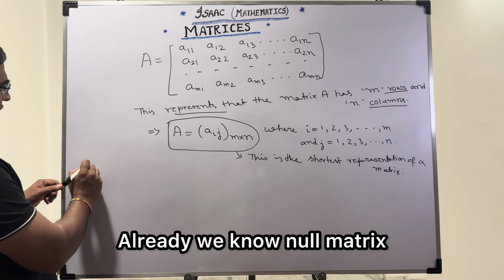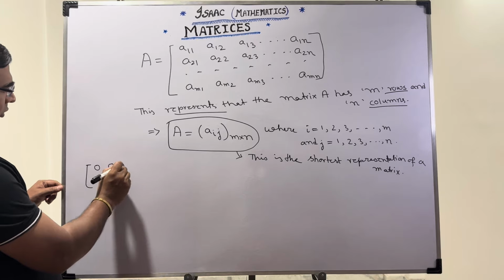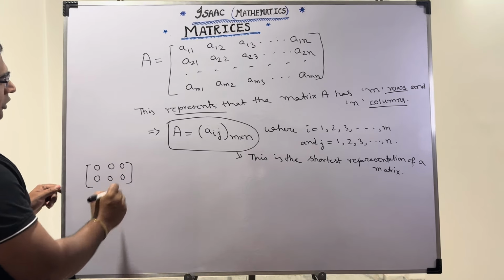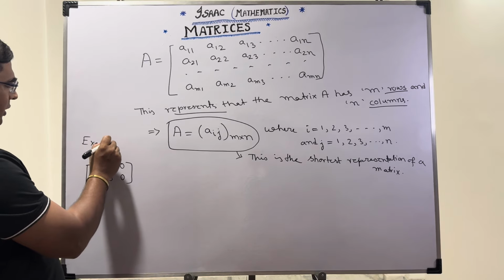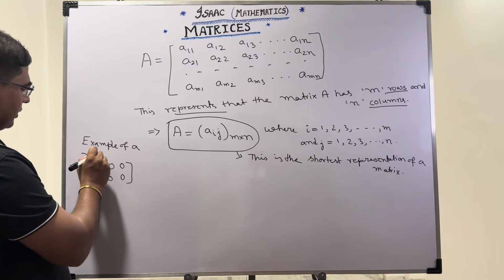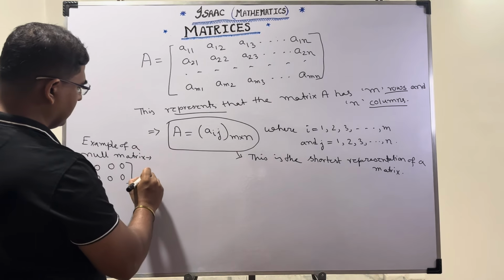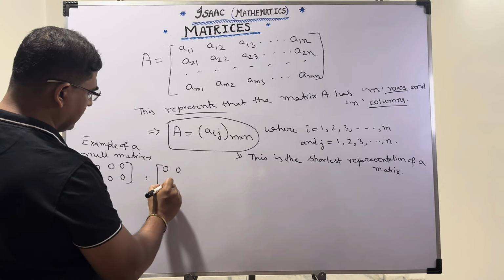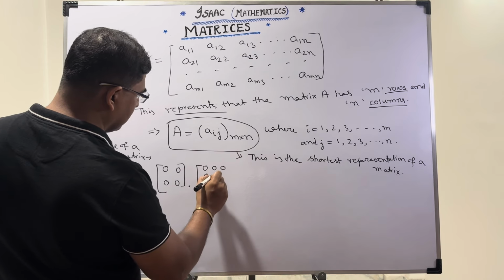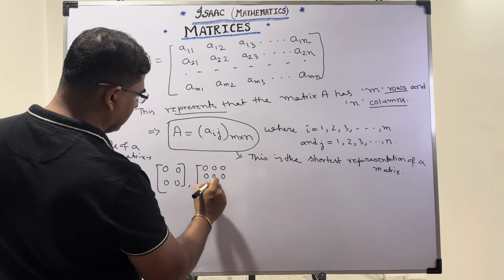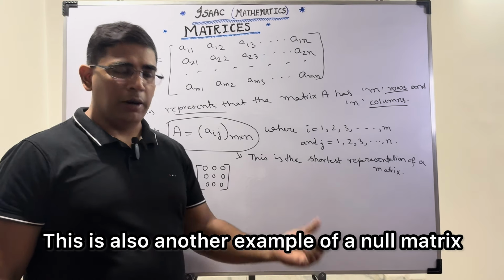Already we know null matrix. This is an example of a null matrix. This is also another example of a null matrix.